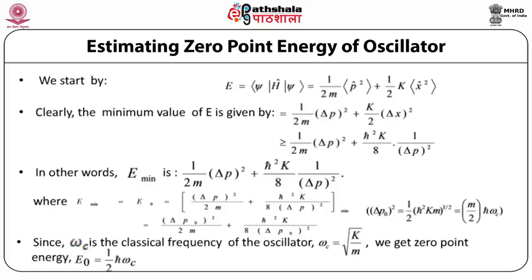Clearly, the minimum value of the energy is given by 1 by 2m times delta p square plus k by 2 times delta x square, and this is greater than or equal to 1 by 2m times delta p square plus h cross square k by 8 times 1 upon delta p square.